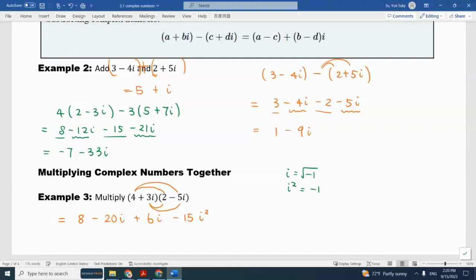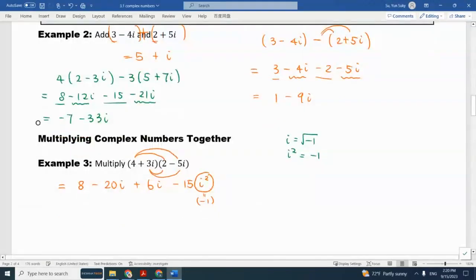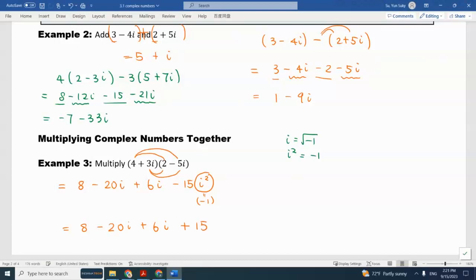So then you would just multiply the negative 15 by the negative 1. Exactly. Very good. So this is negative 1. So we multiply the 15 and negative 1. It becomes positive 15. So let's rewrite it. So positive 15. Good.